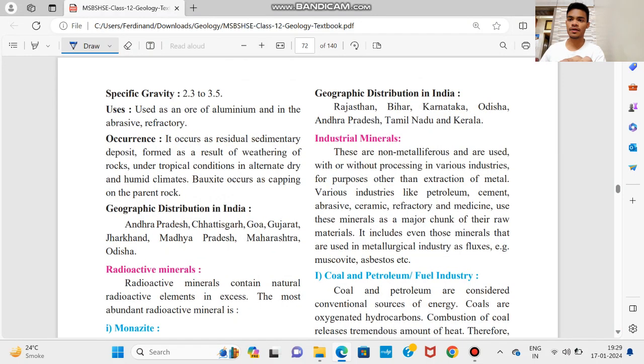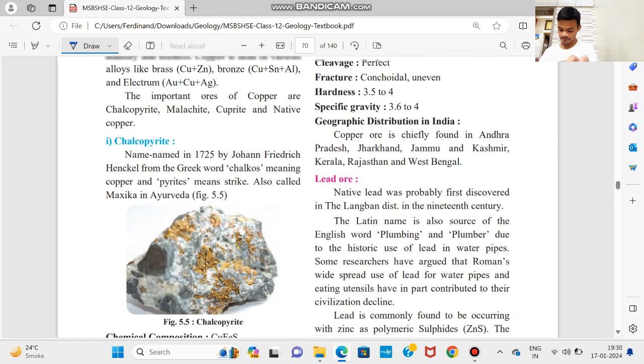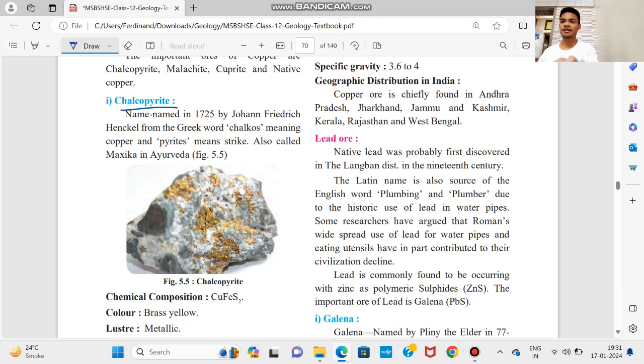Okay, so before moving to industrial minerals, I just want to give you a quick glimpse of what had come in 2022's papers. I've already told you in the previous chapters. So in the 2022 paper, chalcopyrite had come for 3 marks.